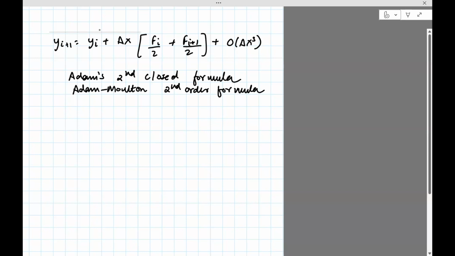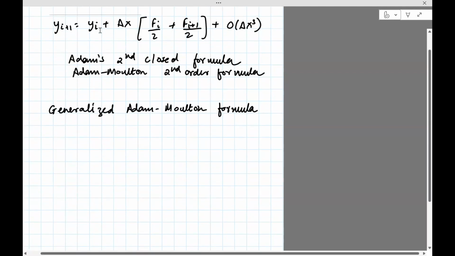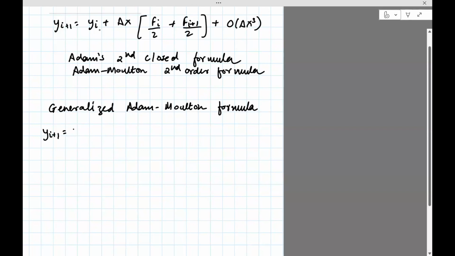So let's talk about a generalized Adams-Moulton formula. It'll have this form: y_{i+1} is y_i plus delta x times the summation, m goes from 0 to n minus 1, of beta star n m f_{i+1-m}, plus the truncation error, which is of the order of delta x to the n plus 1.